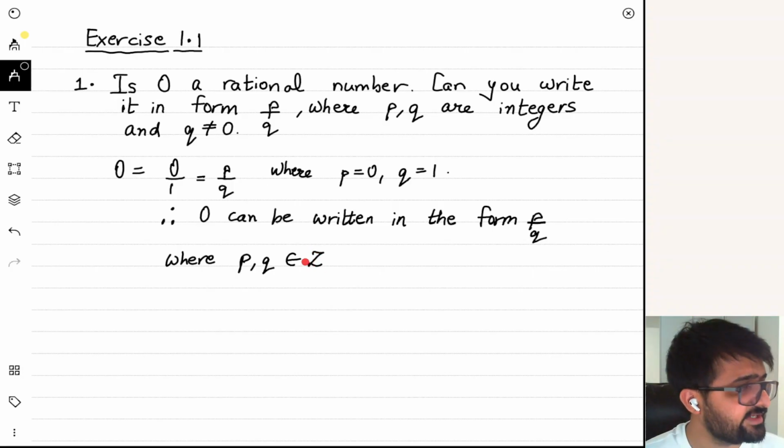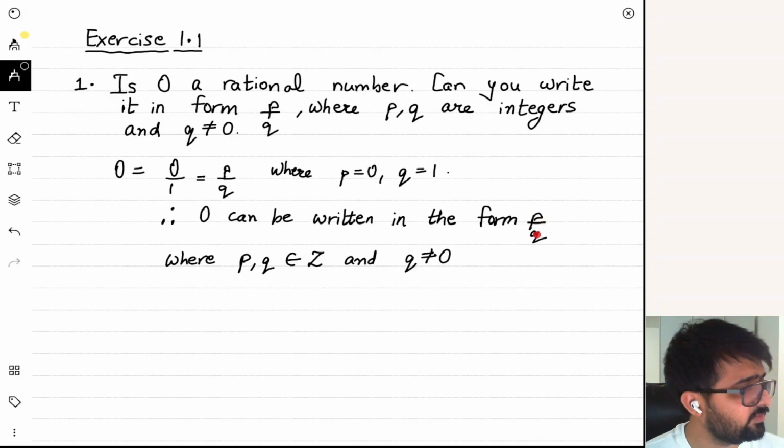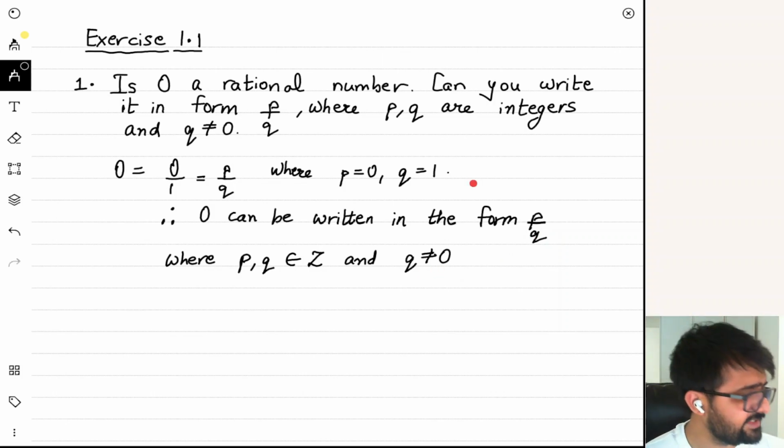Remember that integers are represented with Z, and Q is not equal to 0. So Q cannot be 0. If Q is 0, then P over Q is not defined, and we don't want the number to be not defined. So we want to make sure that Q is not 0, which in this case, Q is 1, so it is not 0.